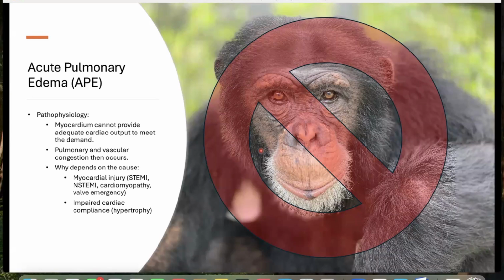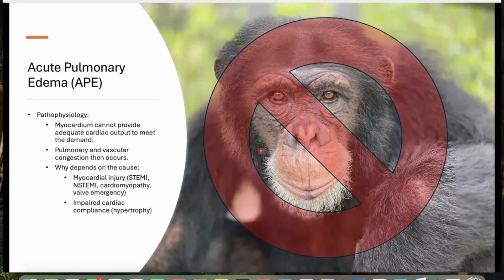So with catecholamine acute pulmonary edema, the myocardium is not able to provide enough blood flow to meet the demand. So we have a demand for a given amount, and we're pumping as hard as we can, and we're not able to meet that demand. And so what happens is fluids begin to back up and build up. So we then get pulmonary and vascular congestion.